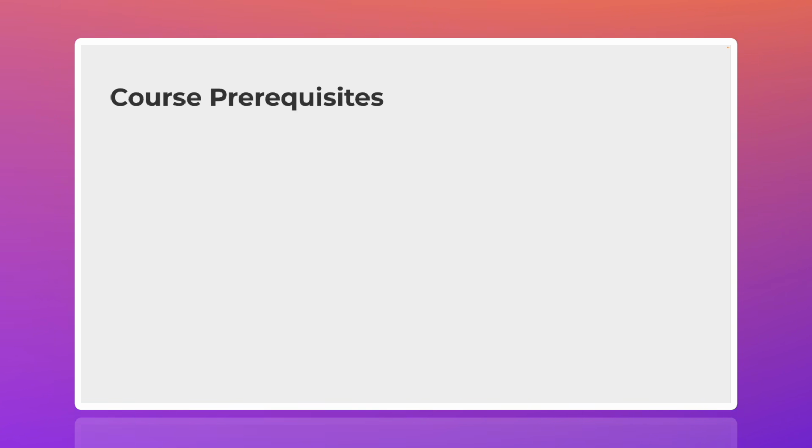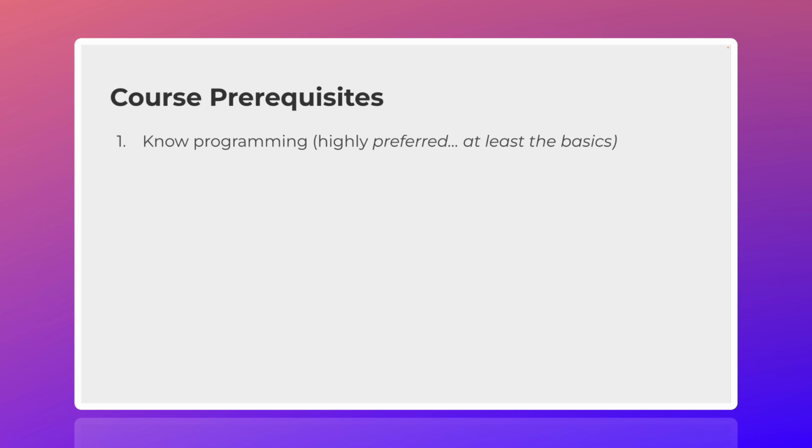Now let's talk about course prerequisites. In this course, I assume that you know programming. This is a very important skill, obviously, and I expect you to at least know the basics. You'll be seeing a lot of Python in this course, so understanding how Python works and how to write Python code is very important. You also need to understand the very basics of AI, machine learning, and large language models.